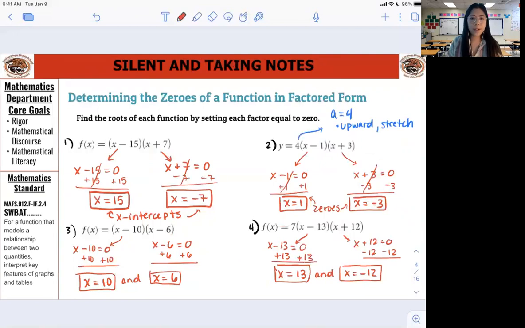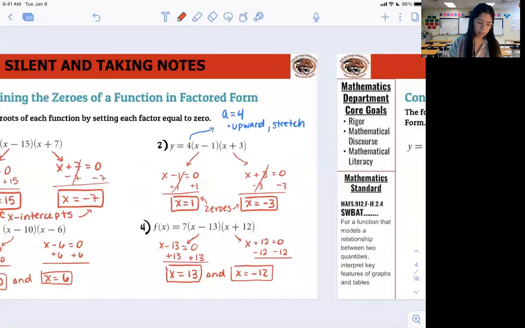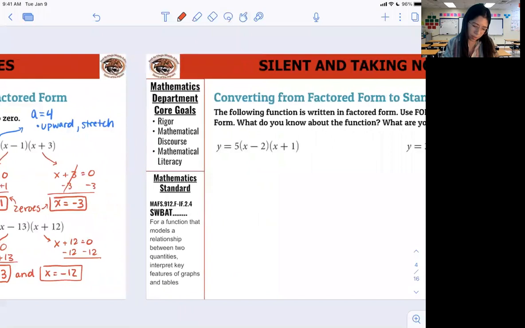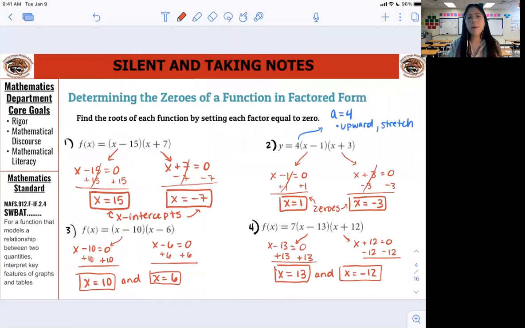Good. All right. So now that we know how to figure that out, we're going to be able to graph things pretty easily. However, if I wanted to graph these functions, I know the x-intercepts, which is great, but what am I still missing? What's the most important point on the graph?